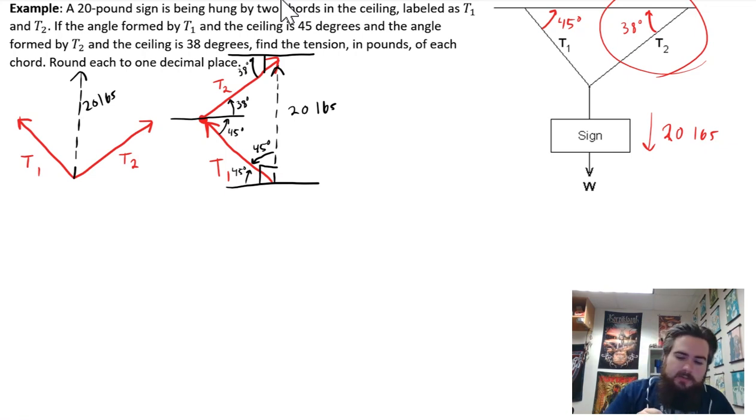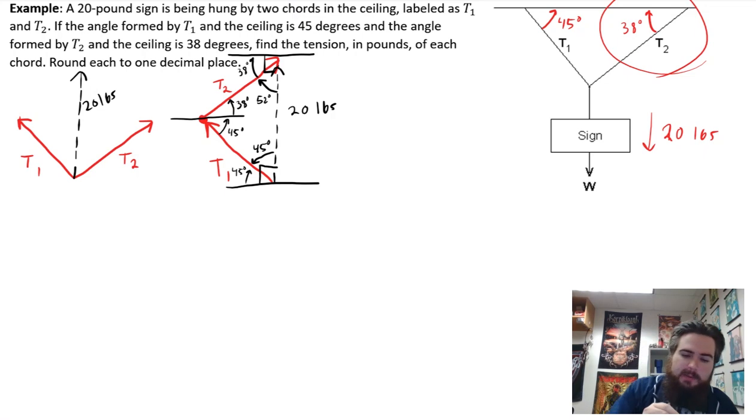Because this creates another right angle at the top of this triangle, I should be able to find the angle measure inside the triangle there as the complement of 38 degrees, which would be 52 degrees.